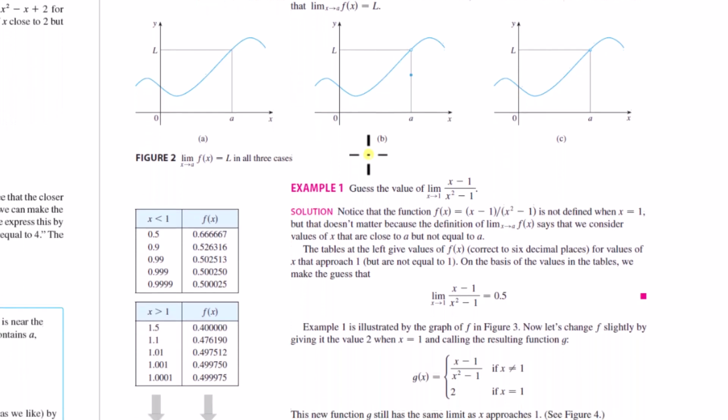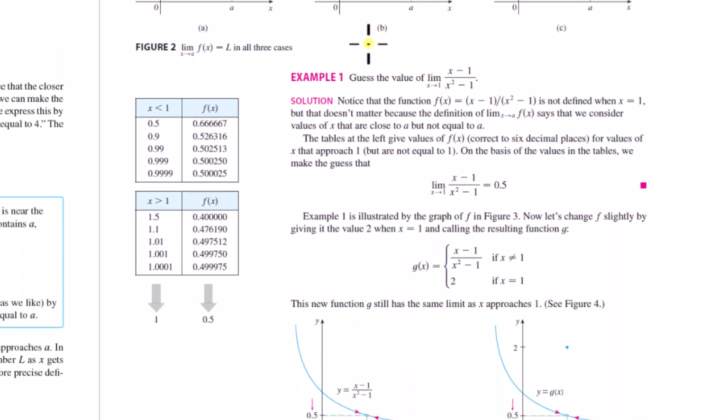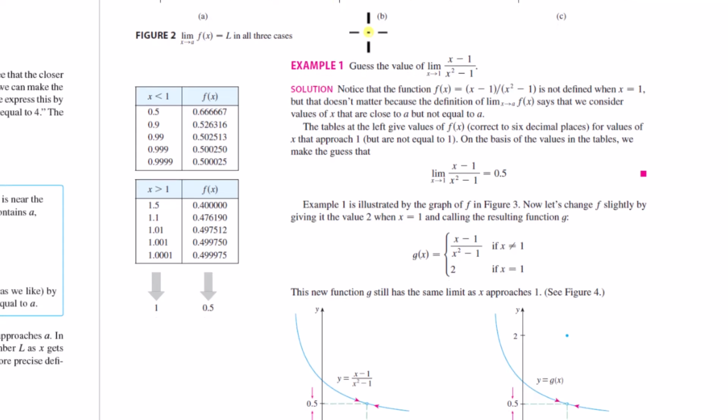So now that we have a solid intuitive feel for what a limit is, let's start thinking about how we would evaluate actual limits. If we're given this limit, the limit as x approaches 1 of x minus 1 over x squared minus 1, it tells us to guess the value of this limit.